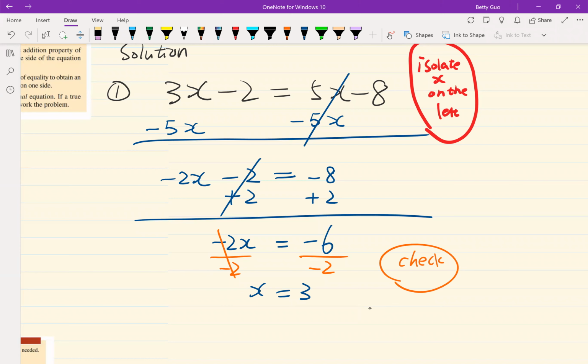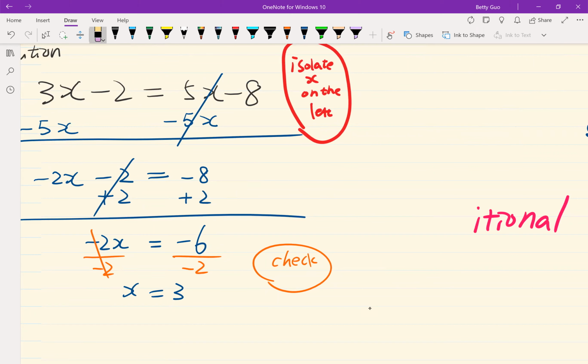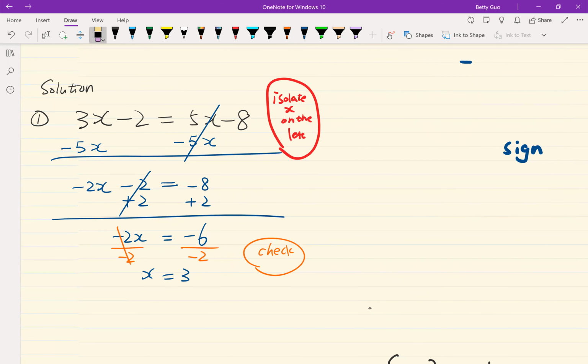Another method, I don't know if you like it, I hope you like it. Now I'm gonna show you another method to process the same problem, and you're gonna tell me, do you like it or not?